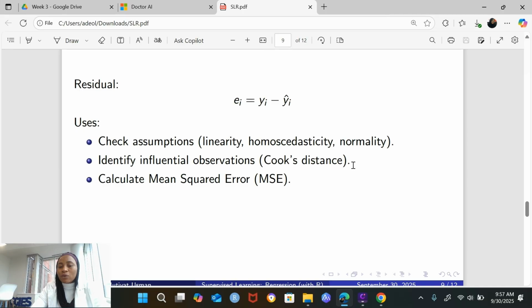Also, we can check if there are outliers in the data, like we use the Cook's distance. We can also compute metrics for the error term, like the mean square error and the root mean square error. We have a couple of assessment metrics for the error term itself.